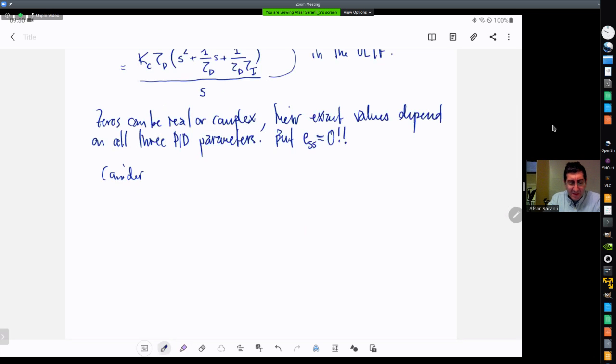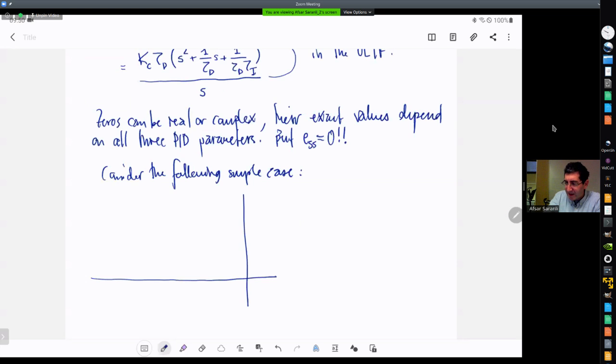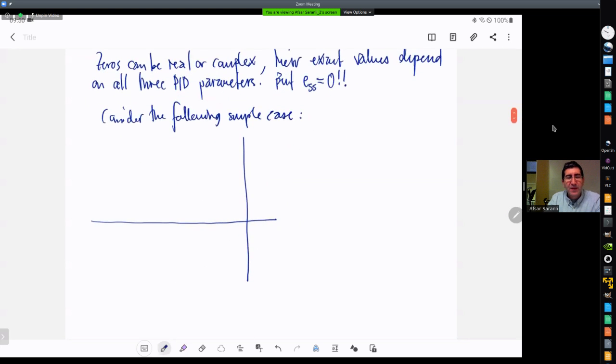We can at least speculate about their possible locations and the effects. So I will consider one case, and I would urge you to also consider other cases and see for yourself that different possibilities exist, but some other possibilities are really not feasible at all.